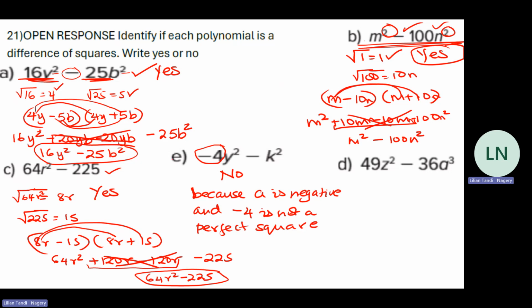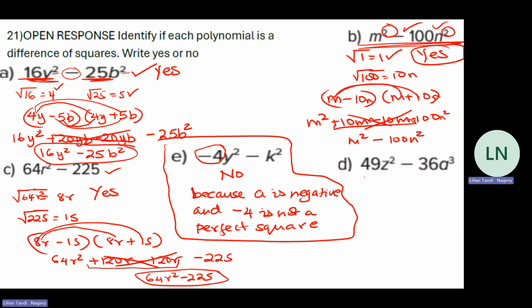So that is the reason for E. Also, you can just say we cannot find the square root of a negative number.